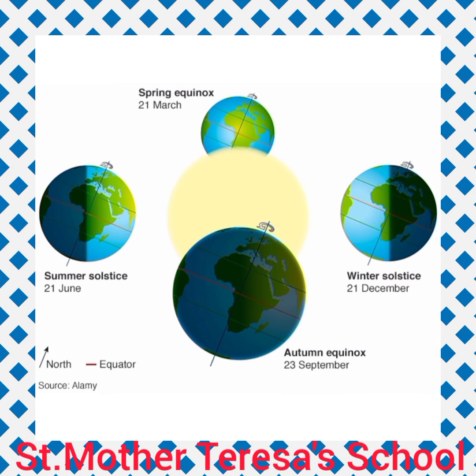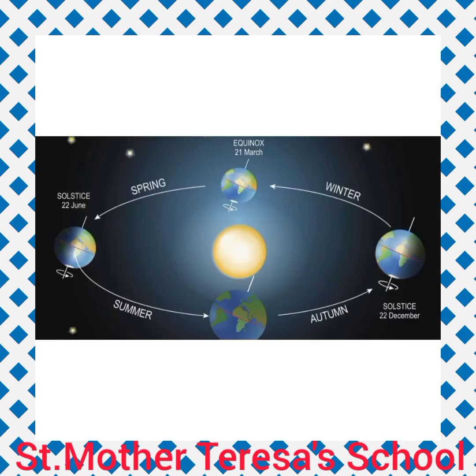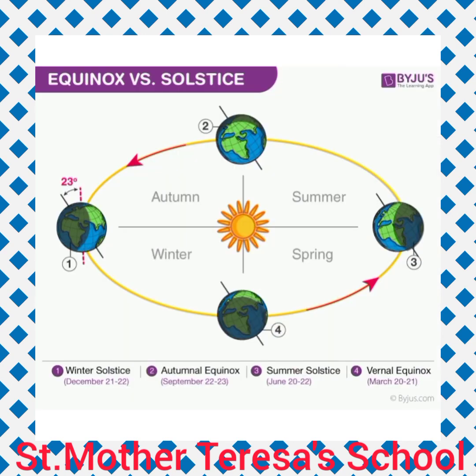On the 20th or 21st of March, the spring equinox, and 22nd or 23rd September, the autumn equinox, the rays of the sun fall directly on the equator. So, at that time, all places of the earth have equal days and equal nights, and it is also known as equinox.